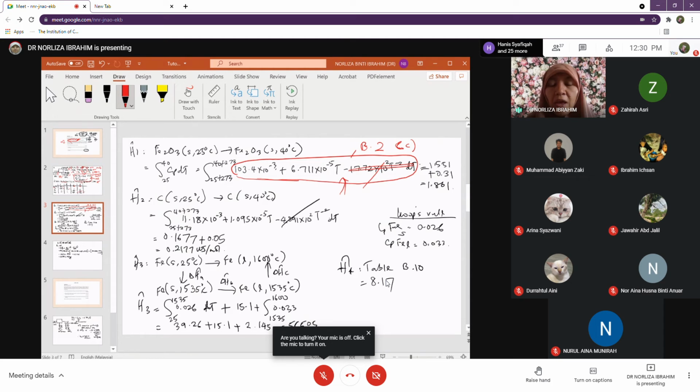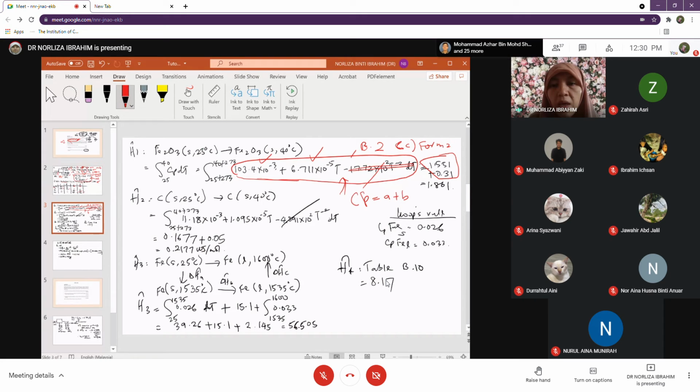That's why I just put in 2 here, because I only consider the first term and the second term. If you refer to table B2, this is form 2. So your CP will be A plus BT plus CT to the power minus 2.